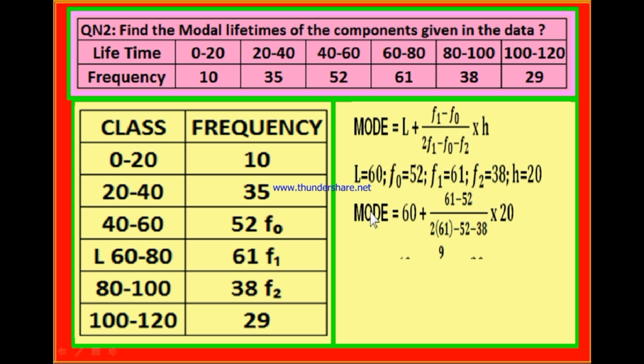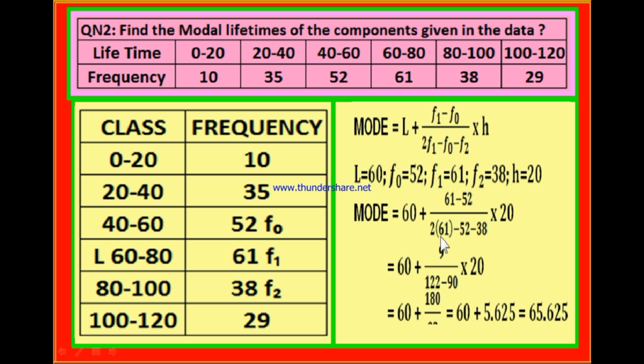Now let us substitute these values. Mode is equal to L, means 60, plus F1 minus F0, 61 minus 52, divided by 2F1, that is 2 into 61, minus F0, minus 52, minus F2, minus 38, into H, which is 20.